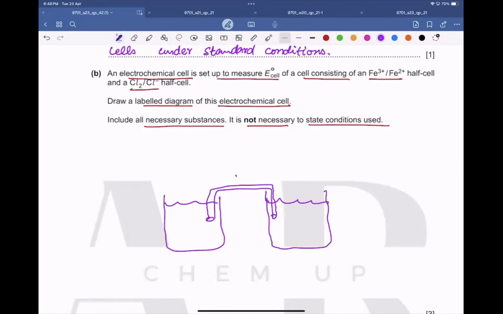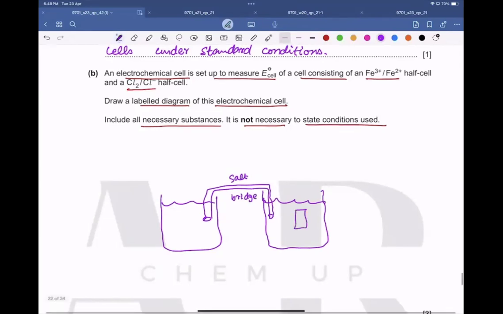Right? Okay. Then we will put the electrodes. These electrodes are going to connect with each other through a voltmeter. Okay.